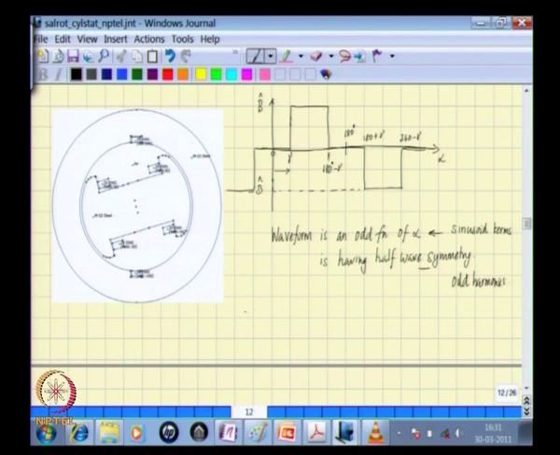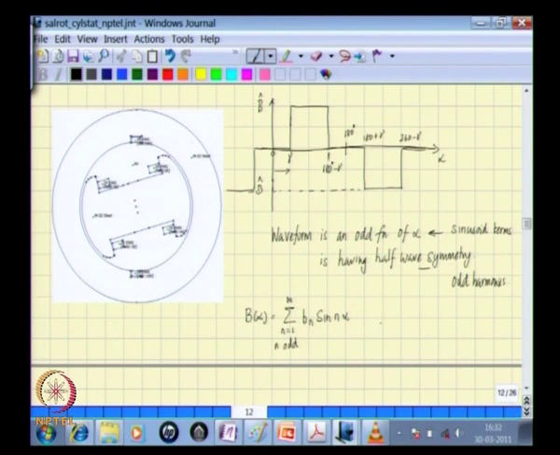Therefore this waveform B of alpha can be written as sigma n equal to 1 to infinity, n odd, Bn sin n alpha, is the expansion of this waveform.